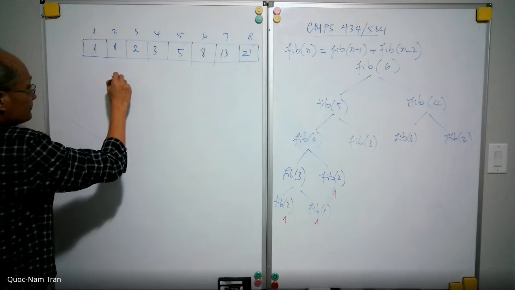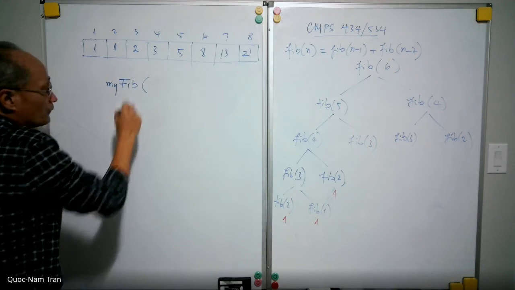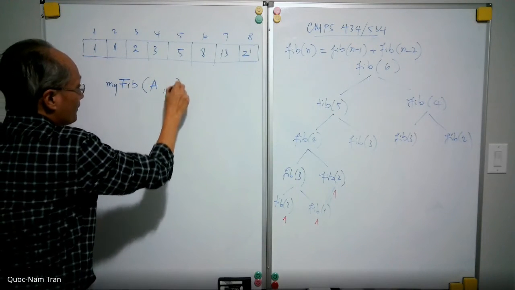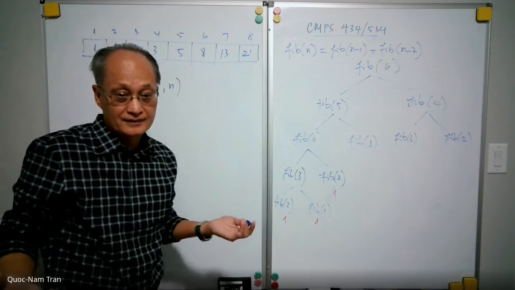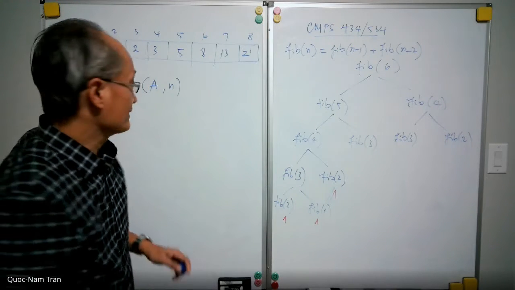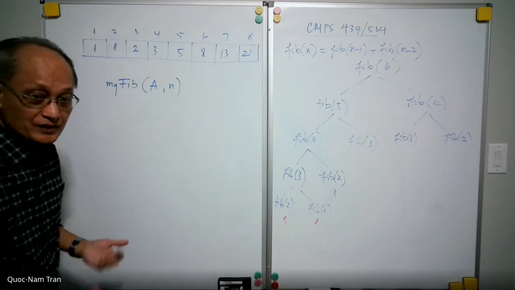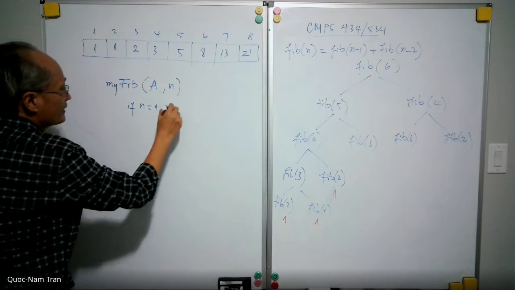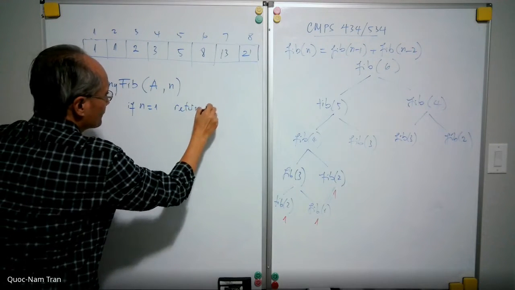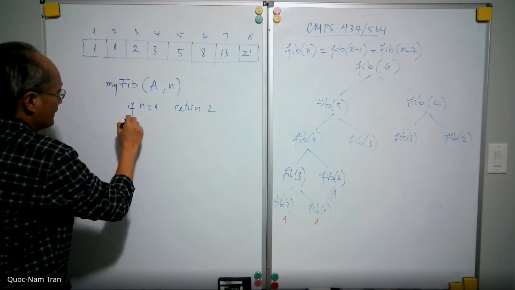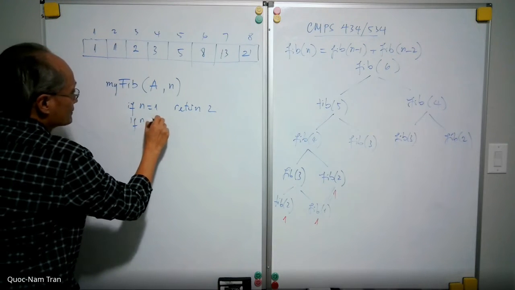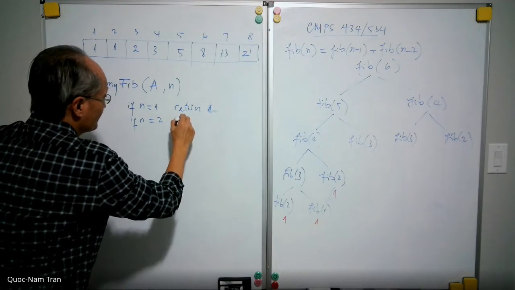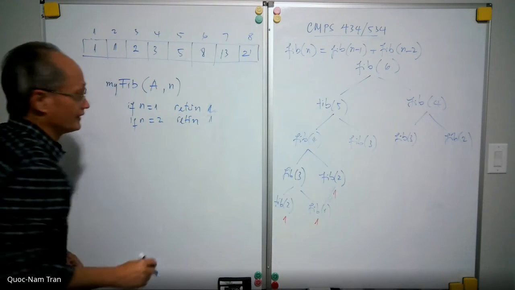Fib of n, we need to have an array with n elements, right? So here, I will simply have: if n is 1, return 1, right? If n is 2, return 1, right?